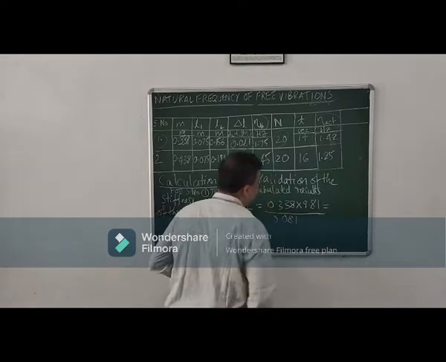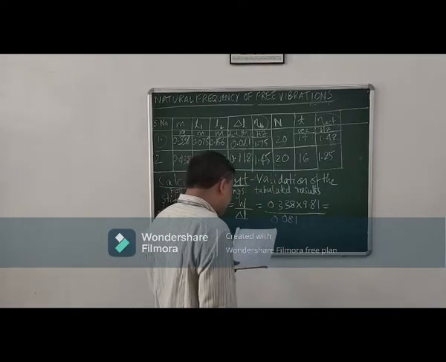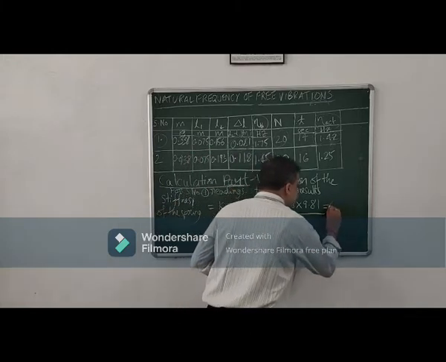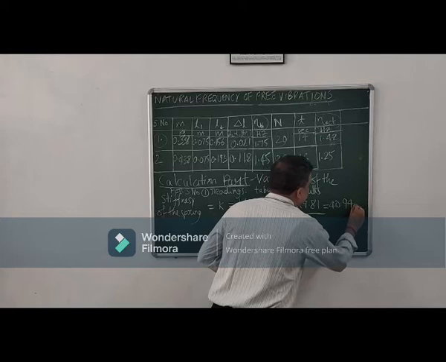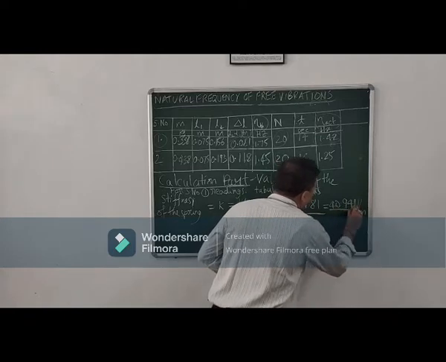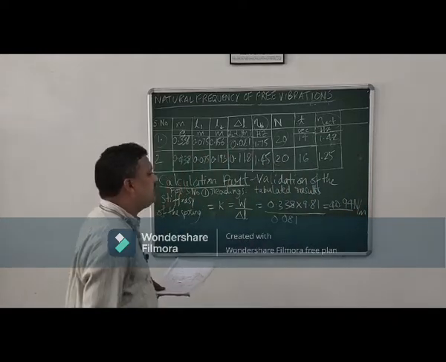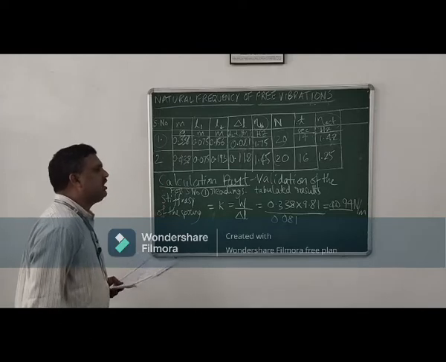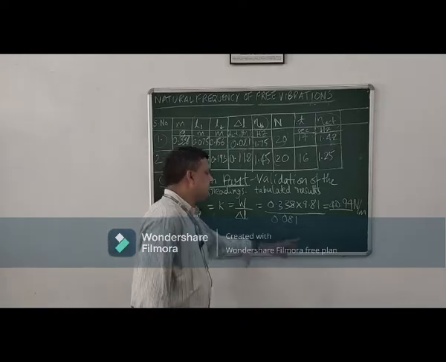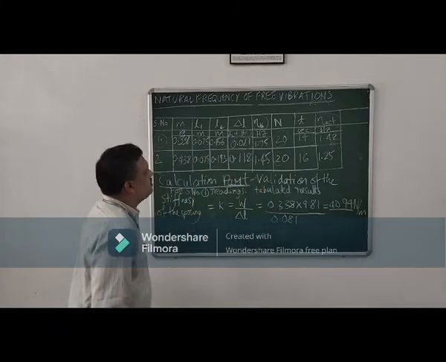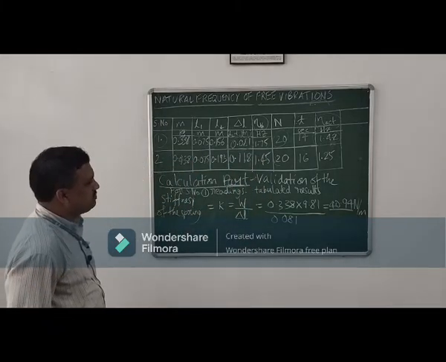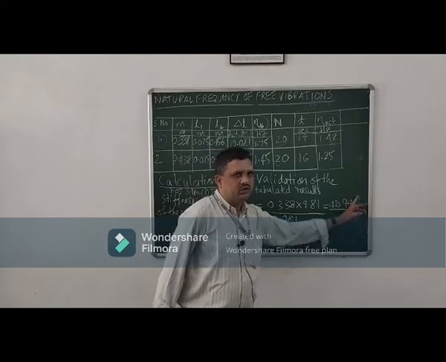This is the value of the stiffness, 40.94 Newton per meter, because stiffness is the load per unit deflection. That is why the unit is Newton per meter.